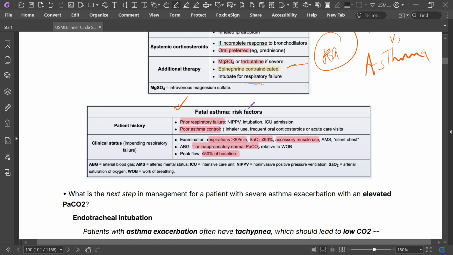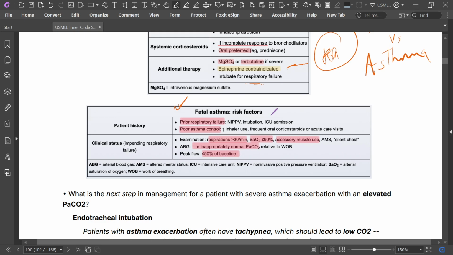Now, fatal asthma risk factors. Patient history: prior respiratory failure, non-invasive positive pressure ventilation, intubation and ICU admission.